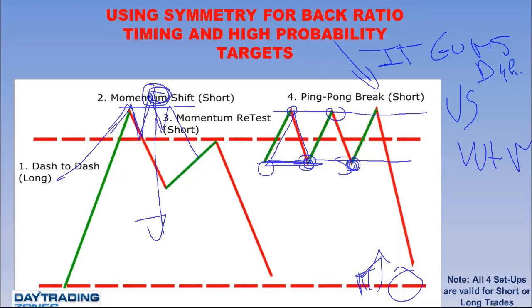Wait for it to touch, and you know that when your cluster or your ping pong channel is defined, the third touch gives you a 66% chance of winning, because it's proven once and twice before that you short here at the top and it will work.